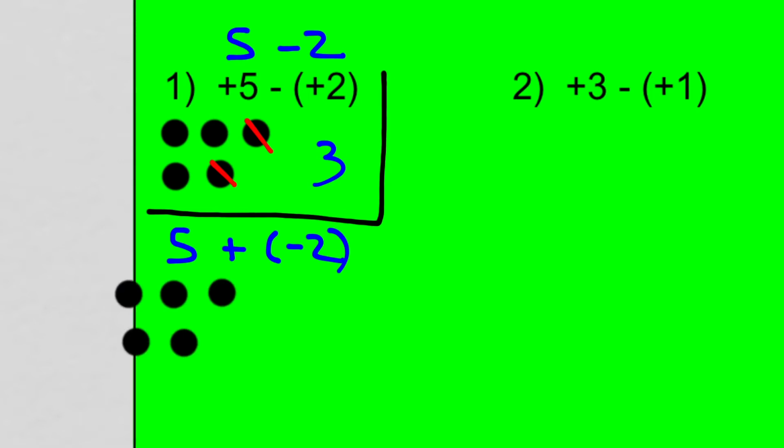And to add on 2 negatives, we'd do 1, 2. And then we'd use our integer model, where every time we have a positive and a negative, we take them away. And we'd also get the answer of positive 3. There'd be 3 left, right? 1, 2, 3. So what we've discovered here is that subtracting a positive is the same as adding a negative.